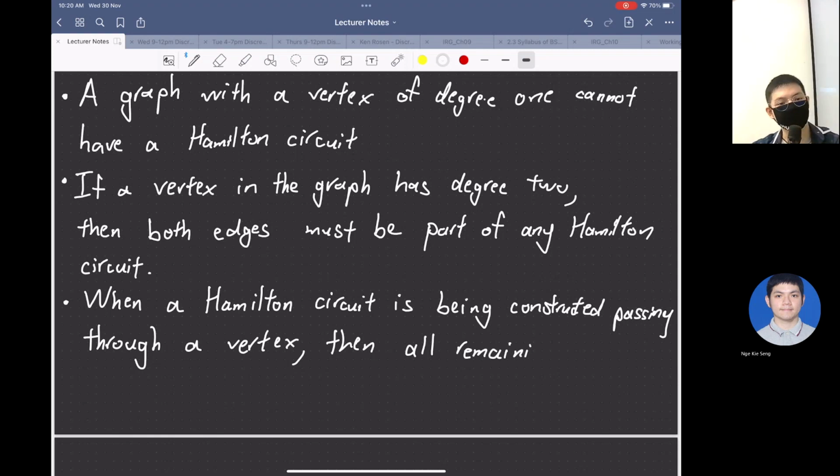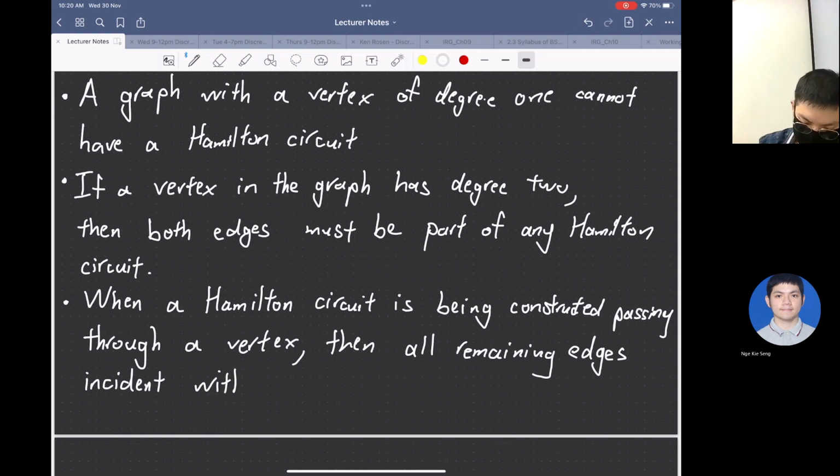Because that's the only way you can pass through the vertex. If you come back through another edge again, you need to pass through the vertex again, which you don't want. So all the remaining edges can be removed.